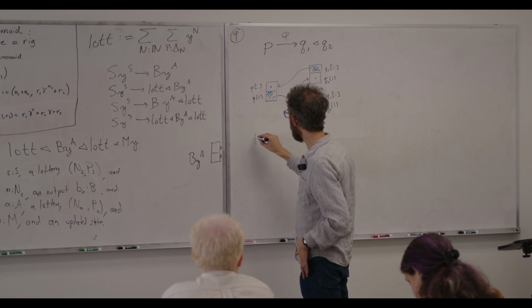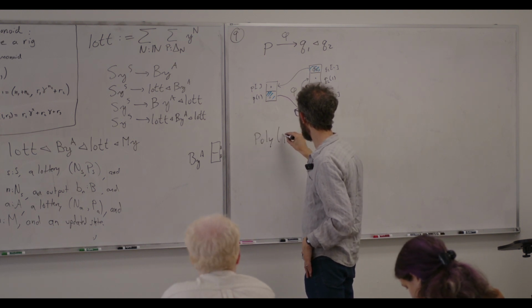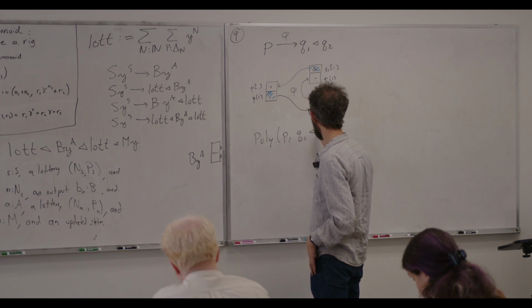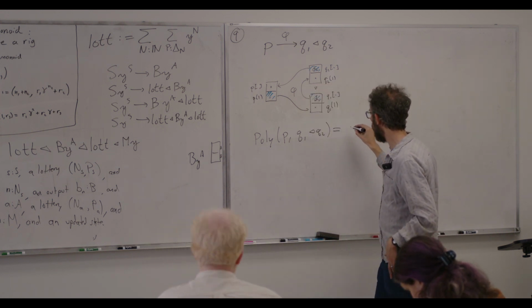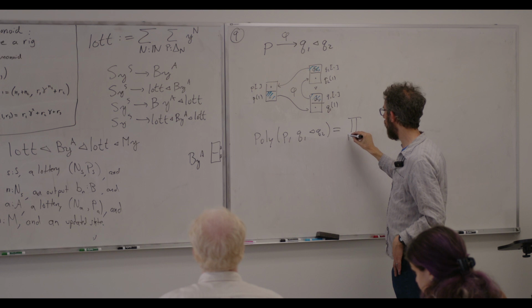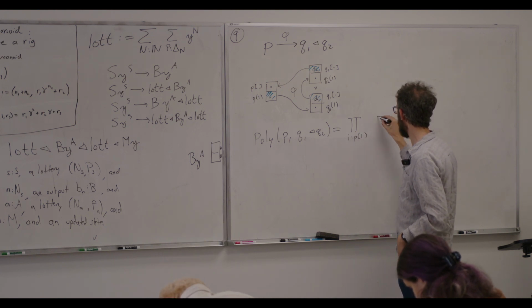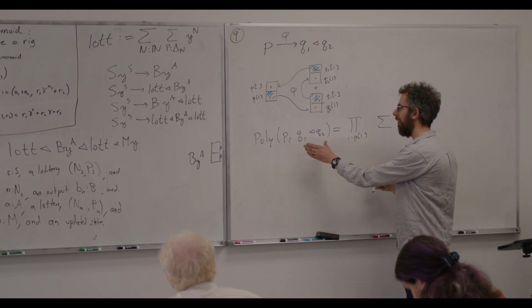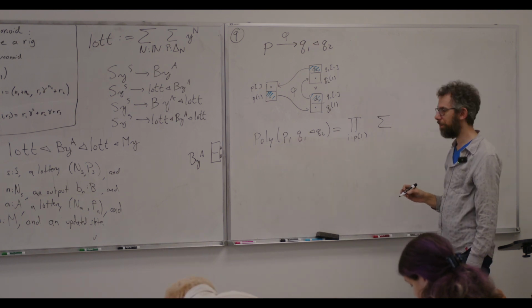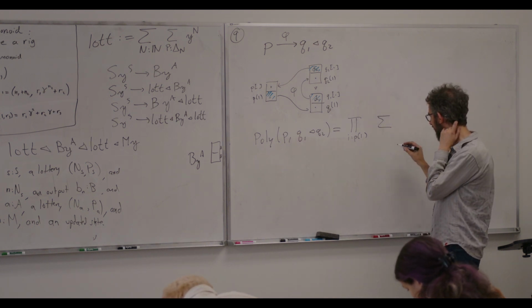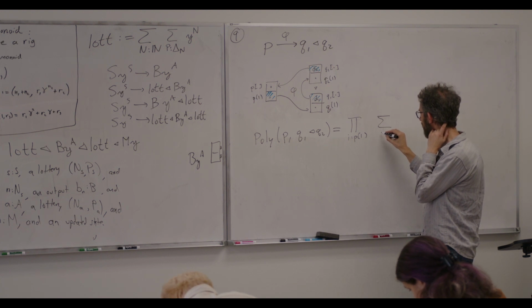What are polymaps from P to Q1 compose Q2? They are, for every I in P1, a choice of thing in this position there. But what is a position there?